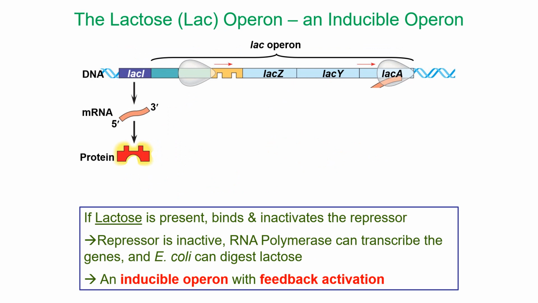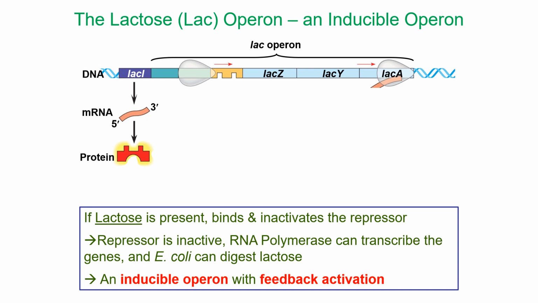The tryptophan operon is referred to as a repressible operon. What I mean by that is it's typically turned on, but it can be repressed, turned off, if there's enough of the end product. So a repressible operon is involved in manufacturing something that the cell needs, and when there's enough, the operon is repressed.